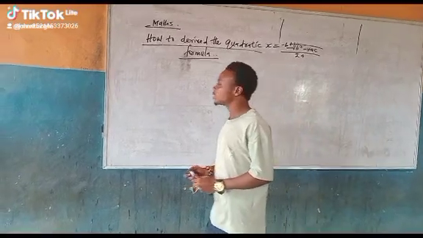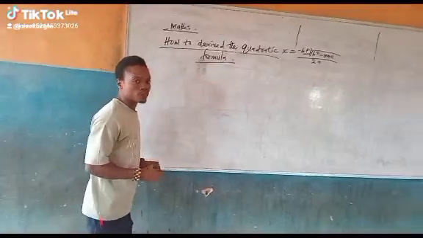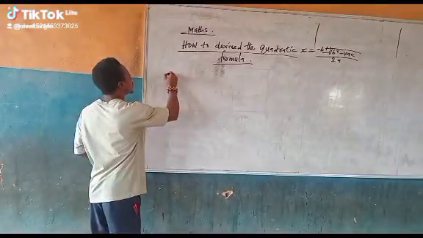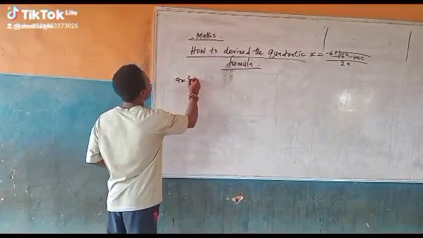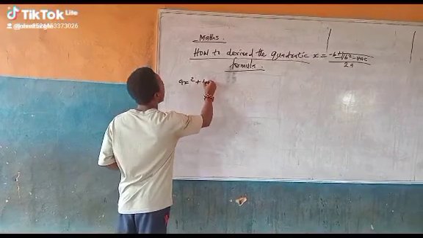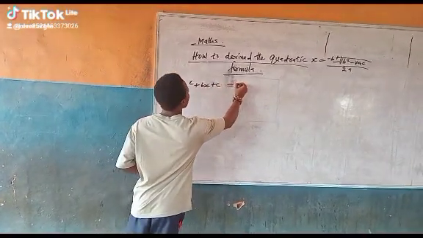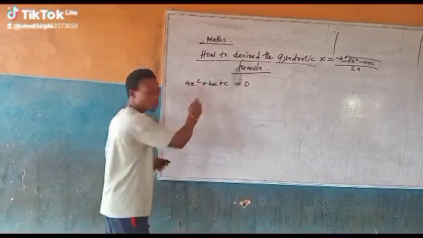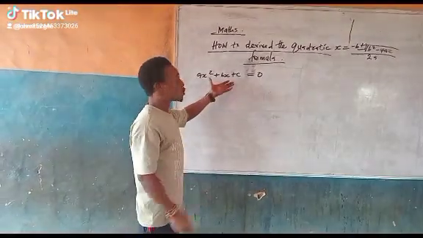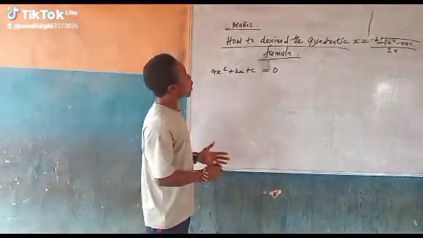Now, the quadratic equation has a form, and the form is ax squared plus bx plus c is equal to 0. Now, how do we start?